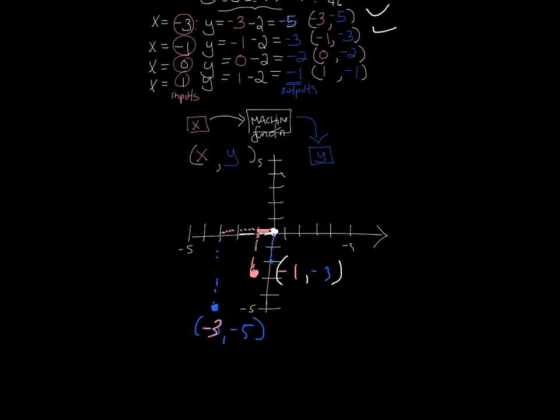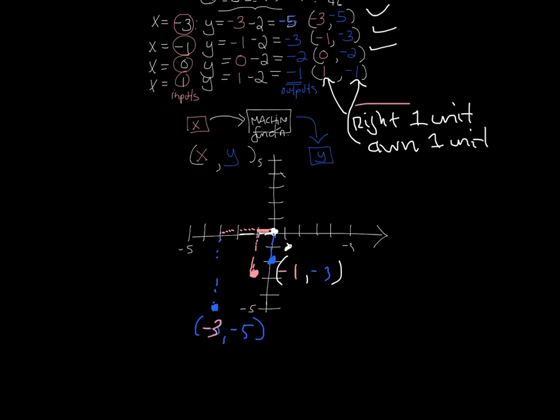So this is my point. And then finally, the last one, 1, -1, so it's to the right 1 unit, and then down 1 unit. I probably should have done that in pink, but let me just circle it.